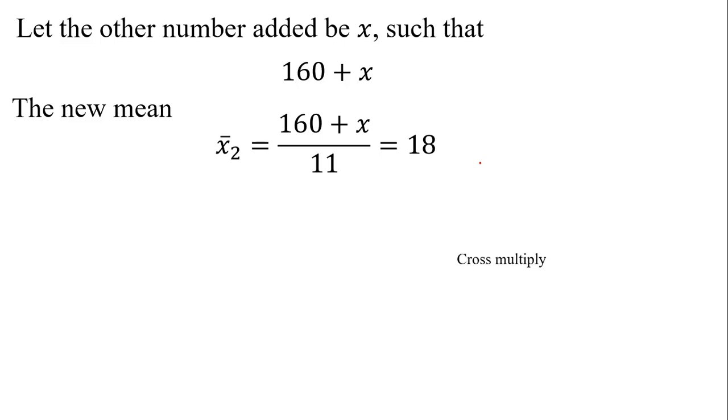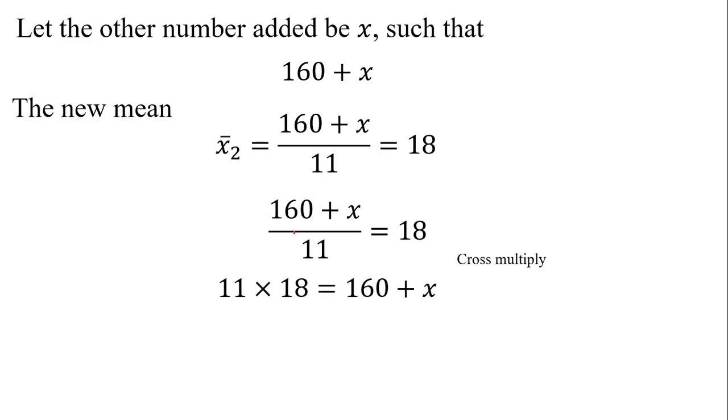If we cross multiply again, we have 11 times 18 equals 160 plus x. 11 times 18 gives us 198. So 198 equals 160 plus x.